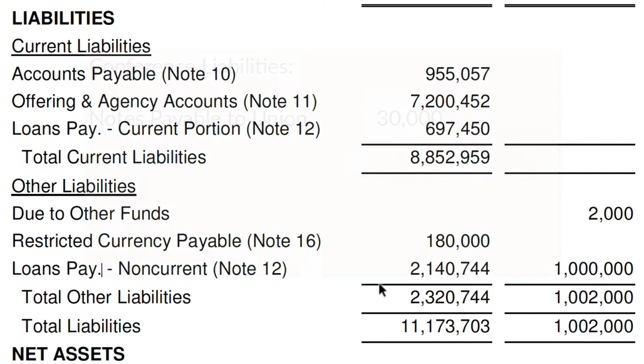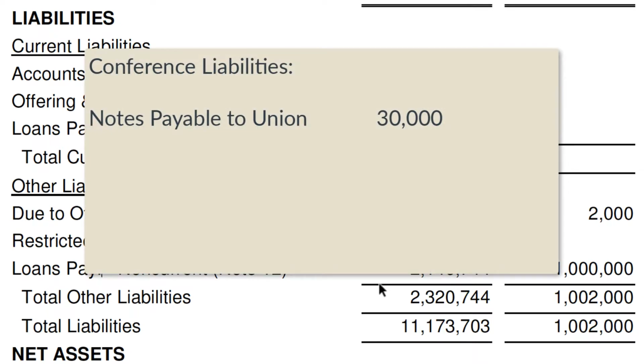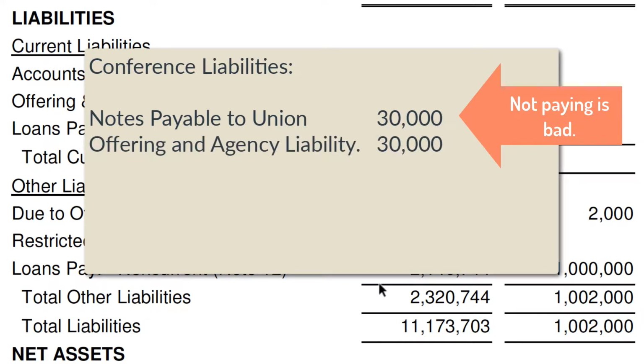In one case, it has borrowed $30,000 from the union. The union goes into that deal well knowing the financial condition of the conference. Not repaying this loan would be a betrayal of a promise, but it is not as serious as not paying money it collected as an agent. In the case where it has collected $30,000 in tithe, it owes $30,000 to the union, but it has collected it as an agent.